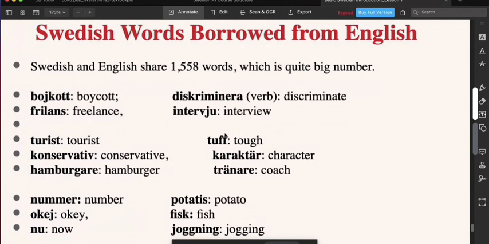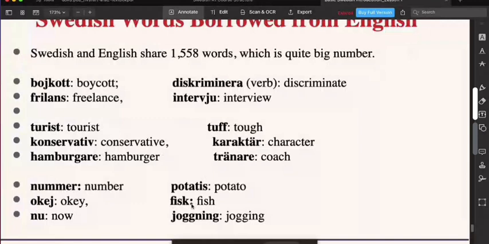Interview, tuff, fracture, trainera, potatis, fisk, and jogging. So we have some sort of similarities here in terms of pronunciation. Definitely they have different spellings, but pronunciation can help us to understand them easily.